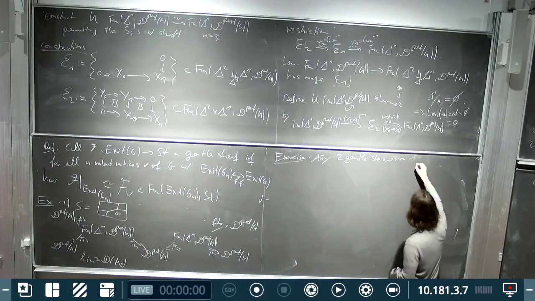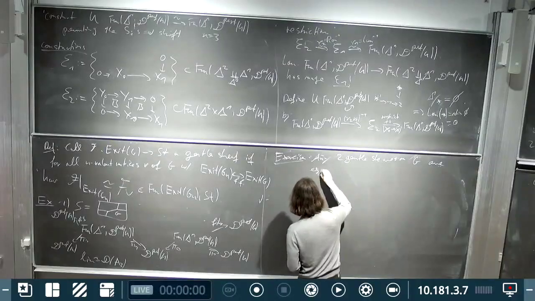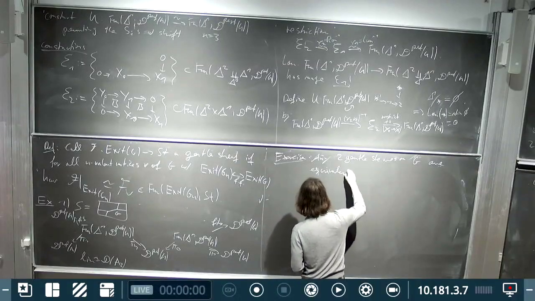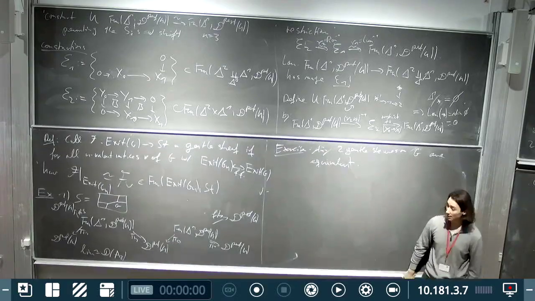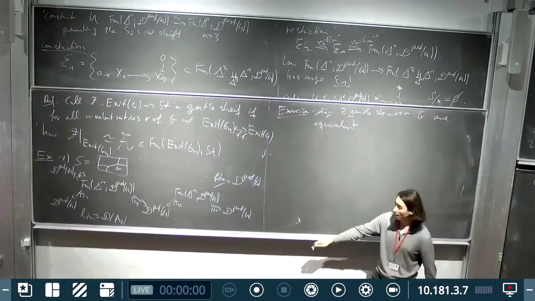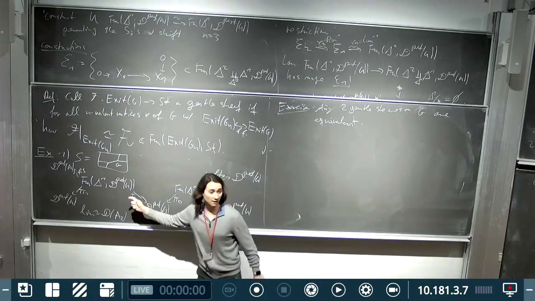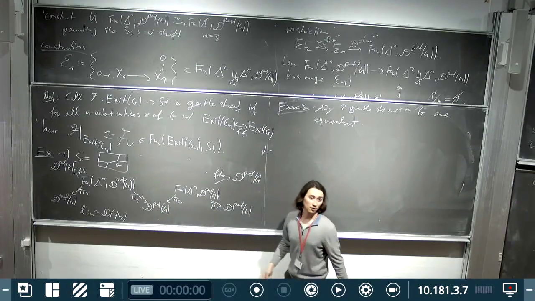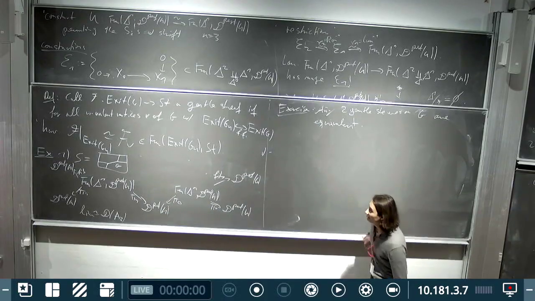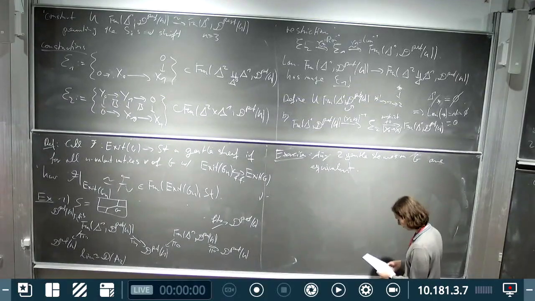Any two gentle sheaves on T are equivalent. This is only true for this specific ribbon graph. And basically the way you prove this is choose a different gentle sheaf. Then you can rotate both triangles, such that it looks like this, up to shifts. And then you remove all the shift functors. So that's how you prove it. But I'll leave the exercise to you.